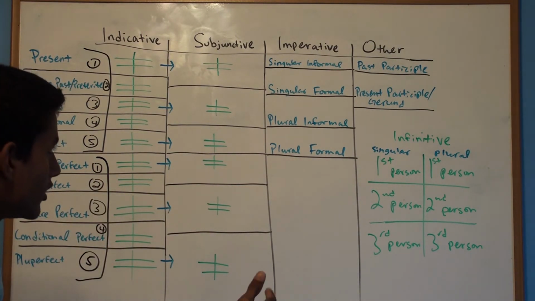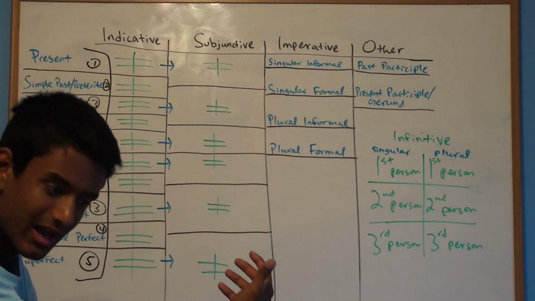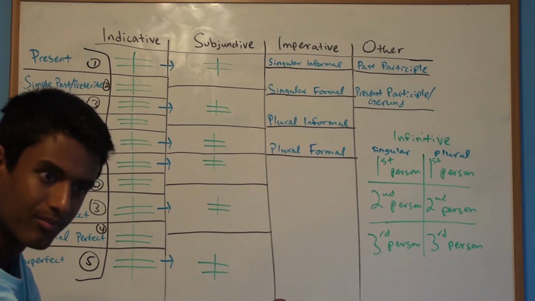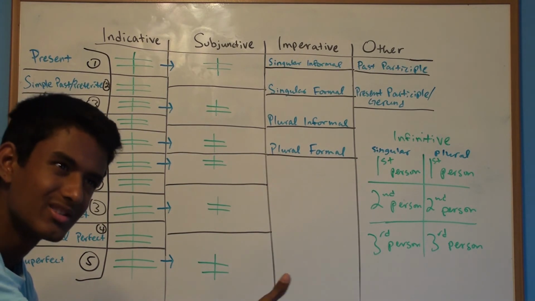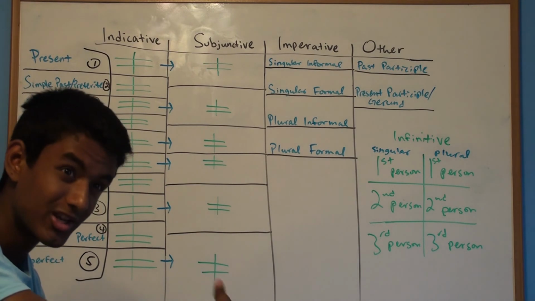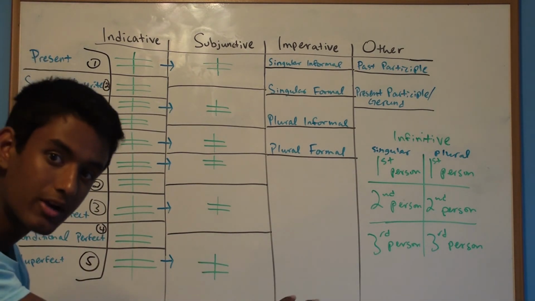So this is a good visual tool to have, because otherwise, if you didn't have this, you would be confused about which tense to use, maybe, or what the conjugations of those tenses are. This chart allows you to see the pattern of tenses.